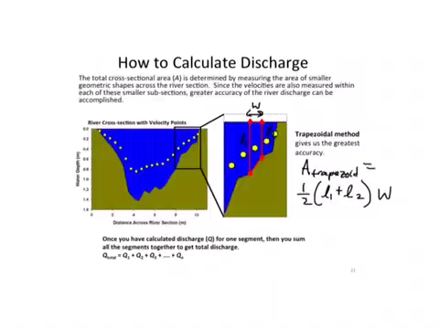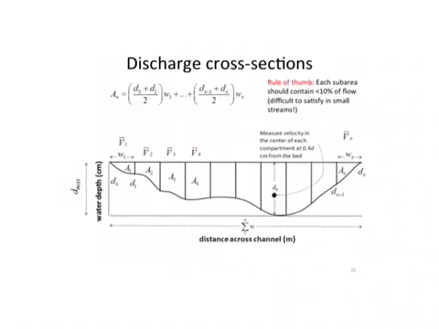So if we measure a velocity at this yellow point and assume that that is representative of the polygon, then we could say Q equals U at this point times the area of that trapezoid. And this is just an incremental Q. And then you add them all together for each of these different increments.